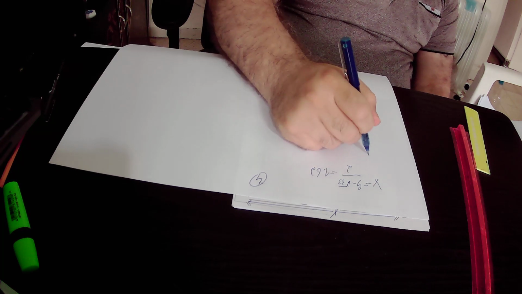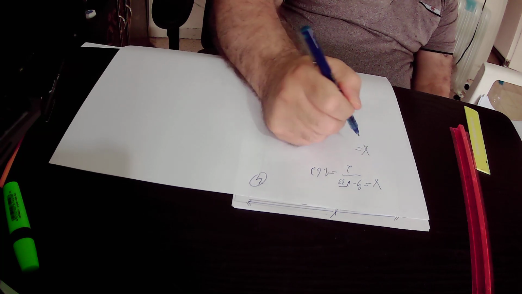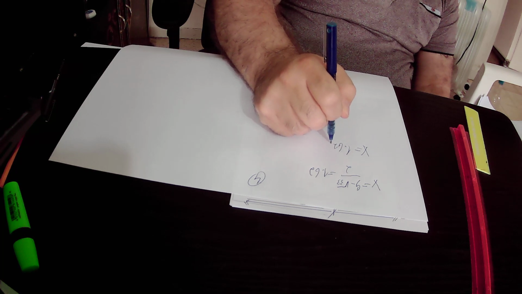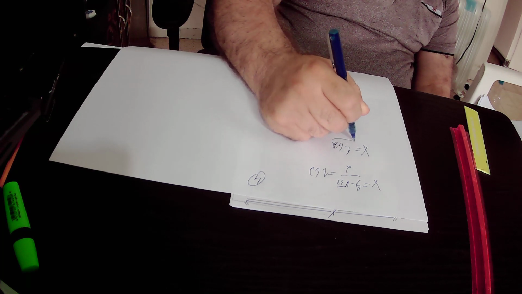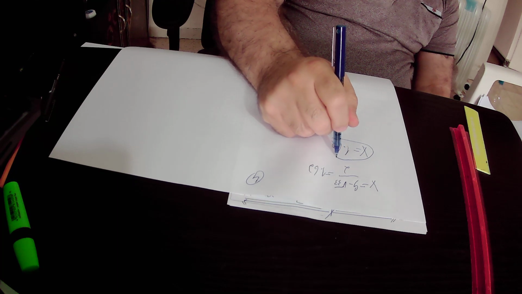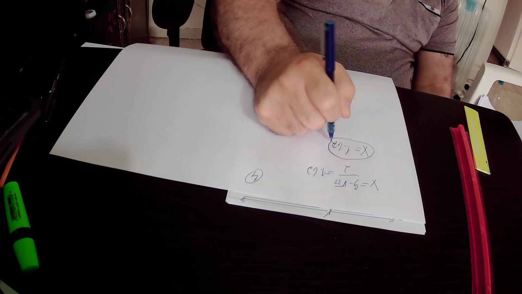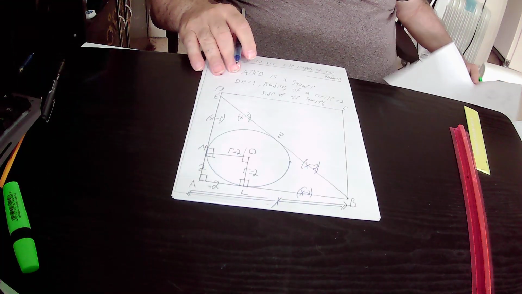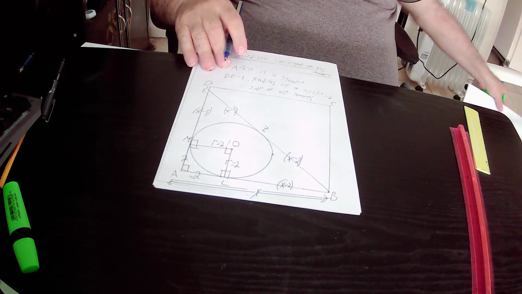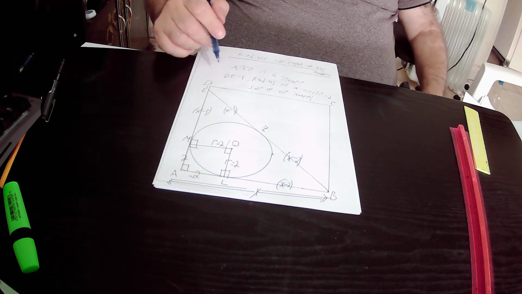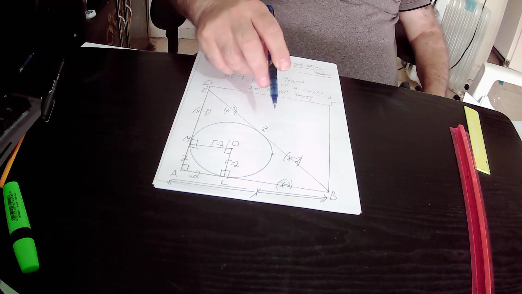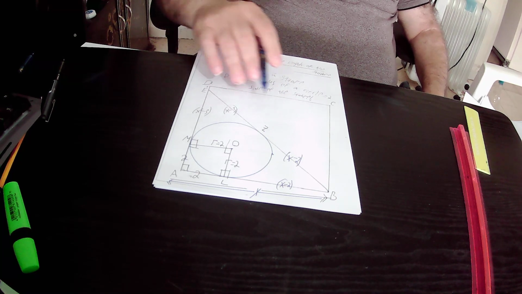So according to the first solution, x equals 1.62 units, and you should remember that x is the side length of square ABCD. So according to the first solution, one side length of square ABCD equals 1.62 units.